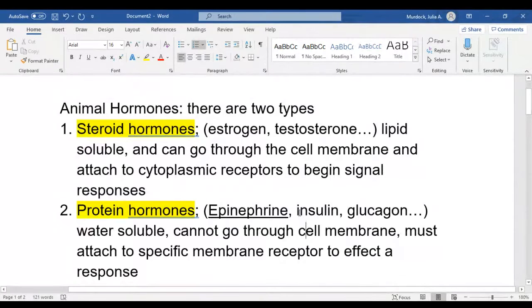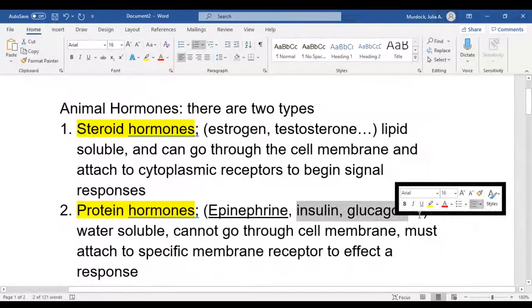So the ones that we'll be talking about today, we talked about epinephrine already, so we're done with epinephrine. But we're going to be talking about 2 very important hormones today, insulin and glucagon. These are protein hormones that actually are antagonistic to each other.